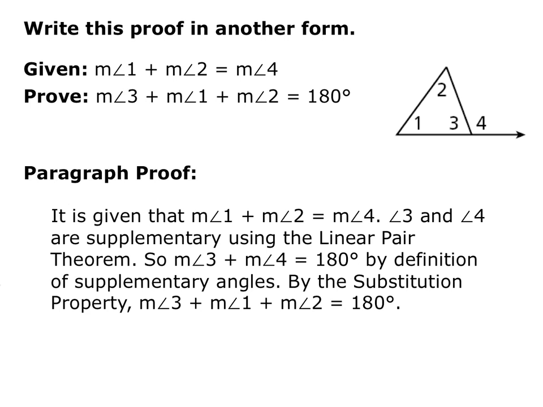Definition of supplementary angles. Line 4. Substitution property of equality. It's not going to use 3 and 4 being supplementary. That doesn't have anything as far as an equals equation in it. Do I need this one? Do I need that one? Do I need them both?